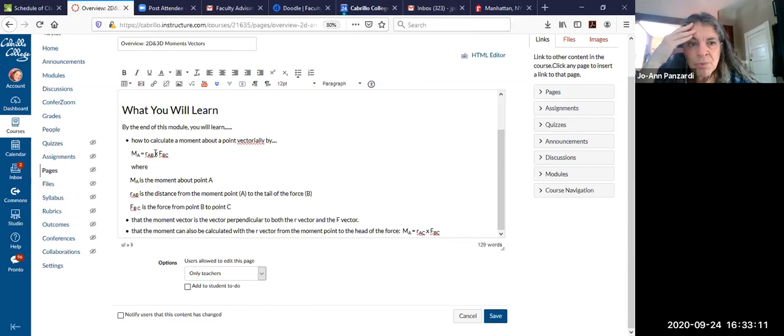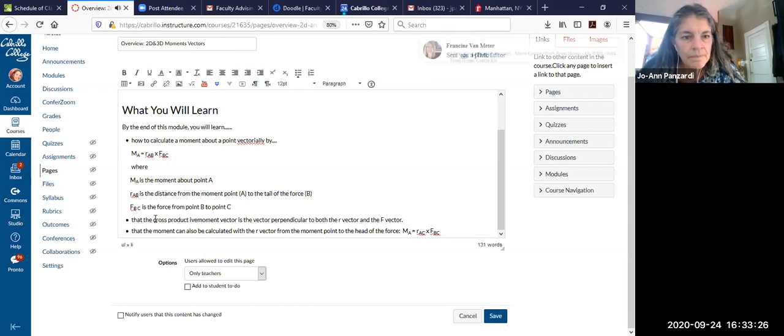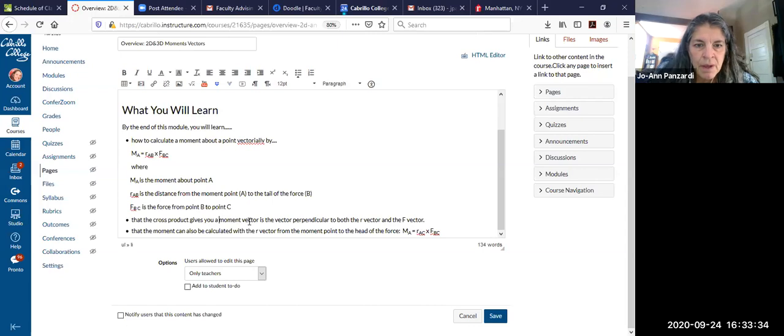When you say R cross F, the cross product gives you a moment vector, which is the vector perpendicular to both the R and the F vector. You already know that, right?